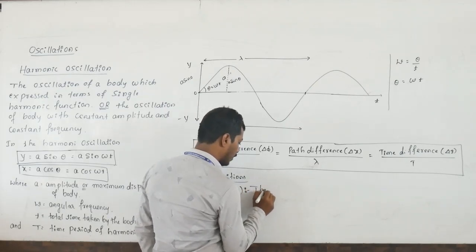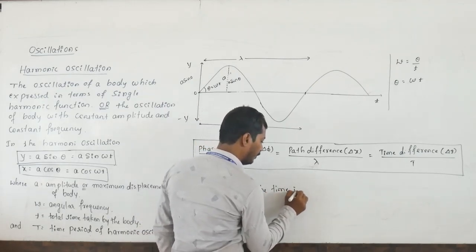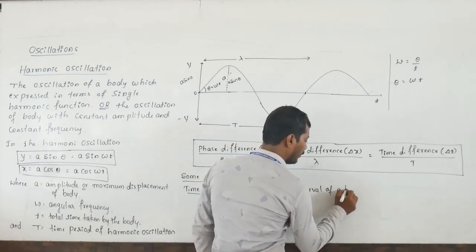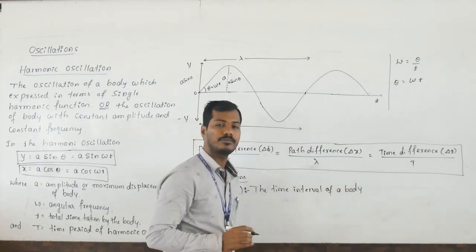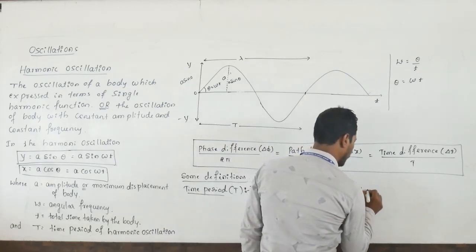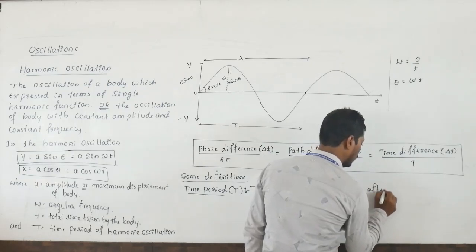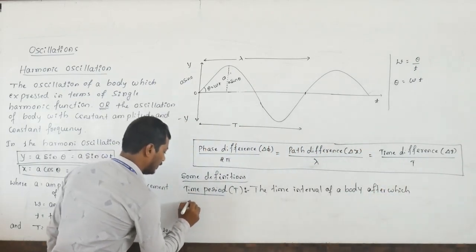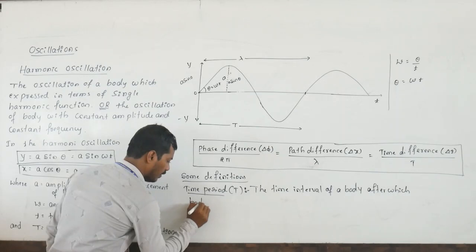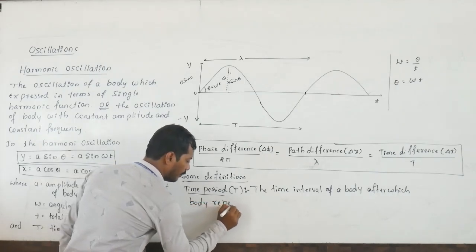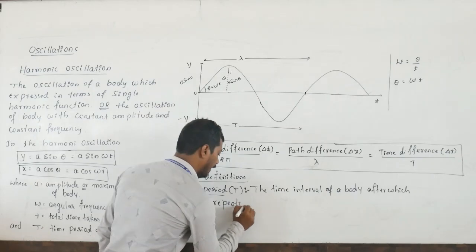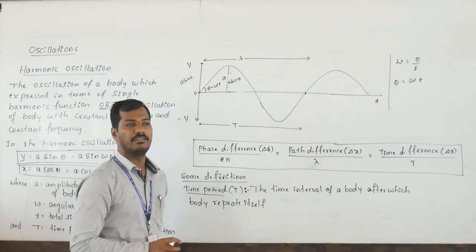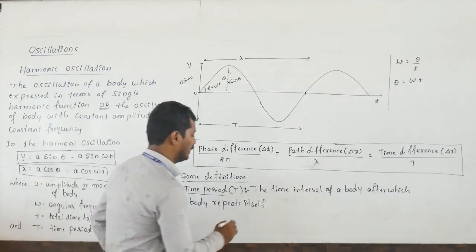The time interval of a body after which the body repeats itself or oscillates again.